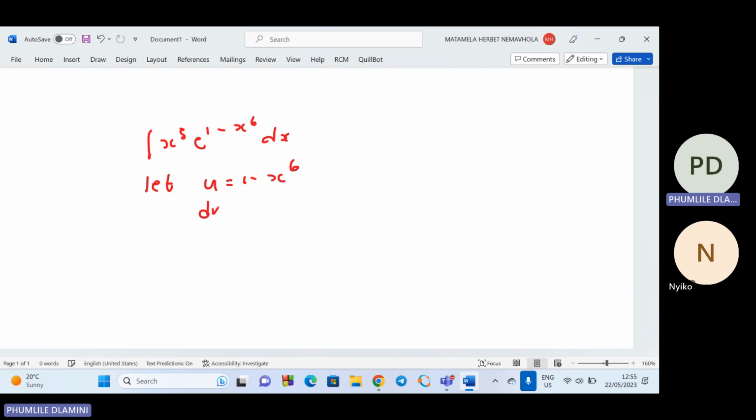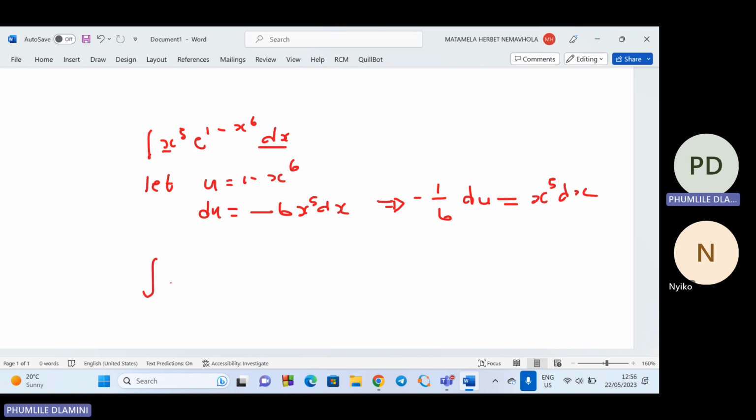Then our du is equal to -6x^5 dx. Which implies that -1/6 du is equal to x^5 dx. So x^5 dx is there.